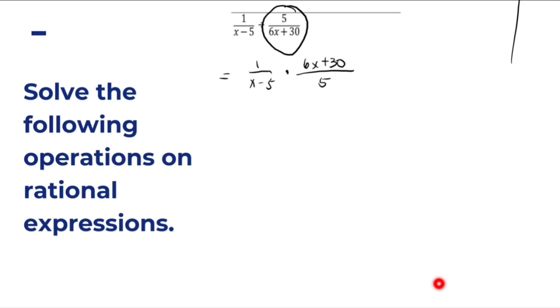To multiply, factor them. So 1 can no longer be factored, the same with x minus 5. Times 6x plus 30 can be factored using common monomial factor 6. So this is 6 times x plus 5 all over 5.